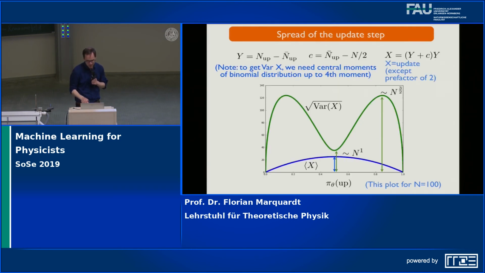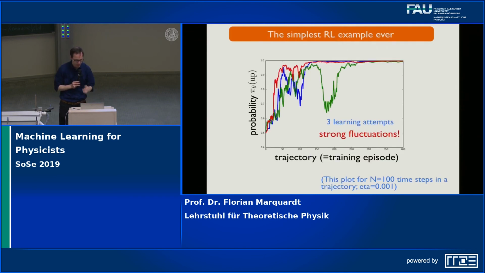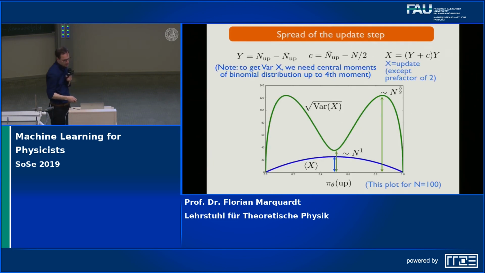Now, since this is such a great example, we can even calculate these fluctuations that I expect. So not only the average gradient, but also the fluctuations of the right-hand side of my update equation. You see here the right-hand side of my update equation has this general structure where I just introduced a few helper variables.